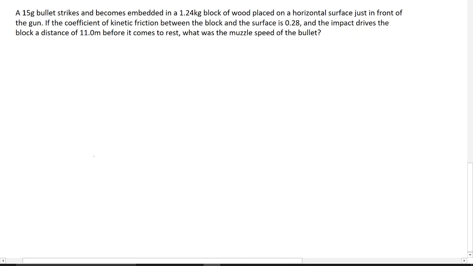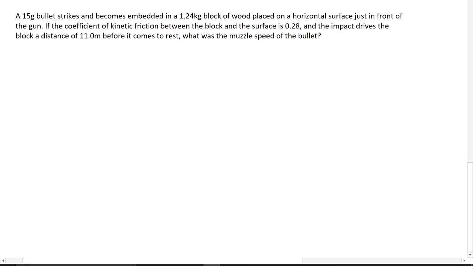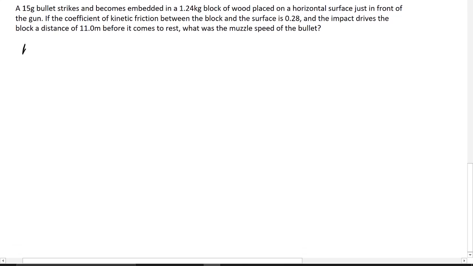So we can start very simple with m1 v1 equals m2 v2, because before and after the collision there's only one body moving, so you only need one term on each side. And in this case, v1 can be the muzzle speed, the speed of the bullet, and also m1 would be the mass of the bullet.